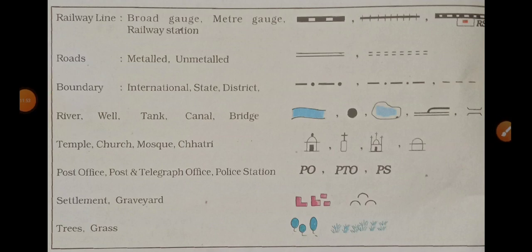Yes, we discussed that the actual distance, the real distance on the ground, is not at all easy to represent on a piece of paper. So we reduced the size of that particular place. That means, yes, we used a scale.